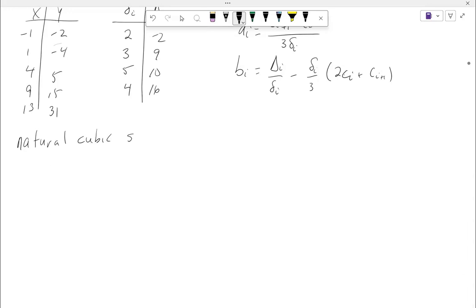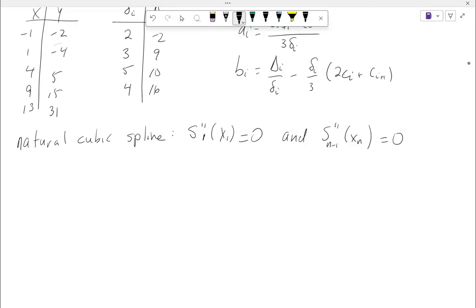For your natural cubic spline, that says that your curvature, and I'm going to start counting at 1, even though I wrote my initial points with zeros, your initial curvature at the initial left endpoint is 0, and your curvature at the right endpoint is also 0.